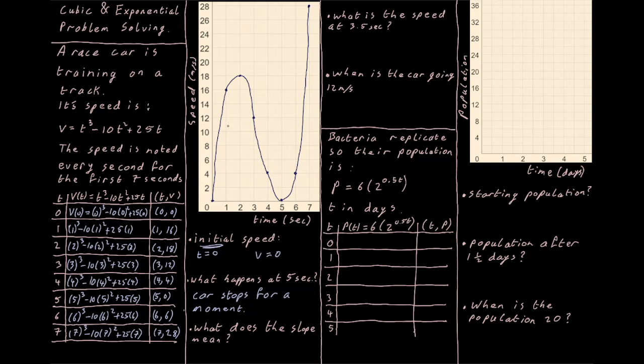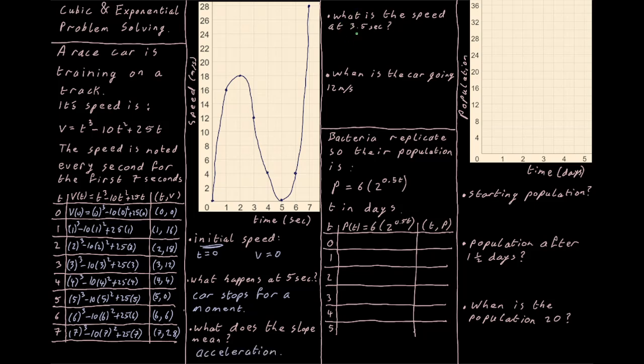So the slope of this curve at different points is how quickly the speed is changing. Our name for how quickly speed changes is acceleration. So the slope of this curve would give us the acceleration of the car at different times.